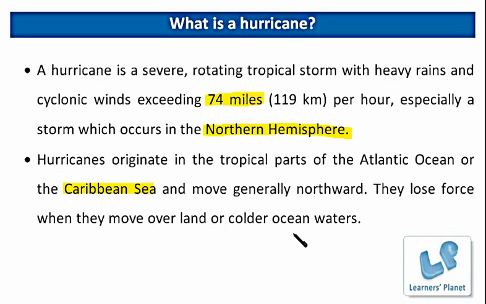Each hurricane usually lasts for over a week, moving 10 to 20 miles per hour over the open ocean. So it is all about the hurricanes which form from the open waters, and that is what makes it a huge storm.